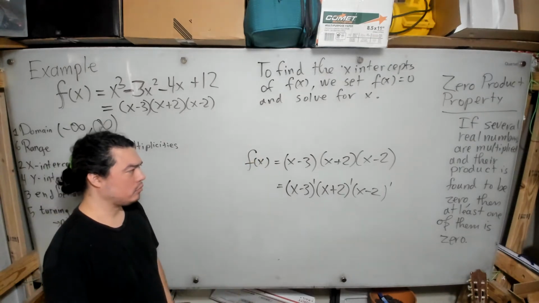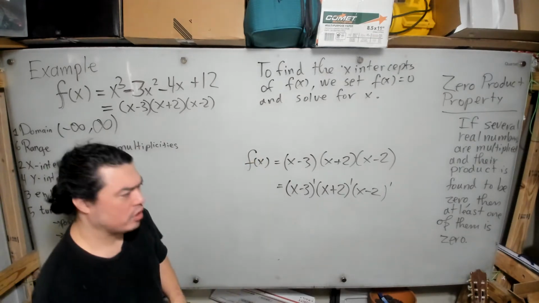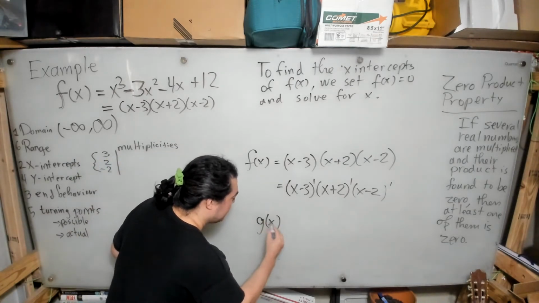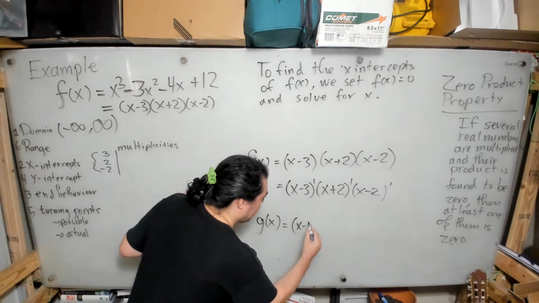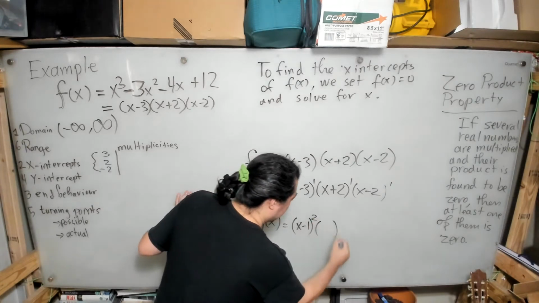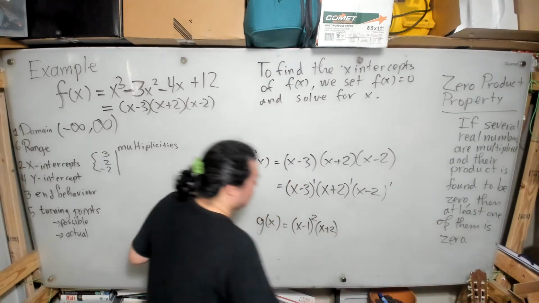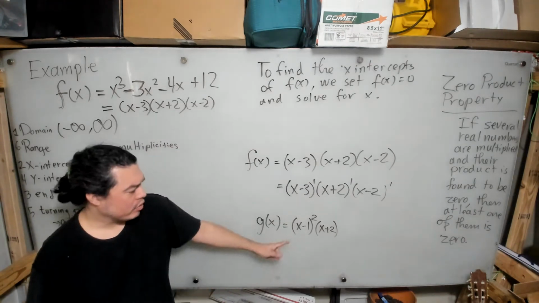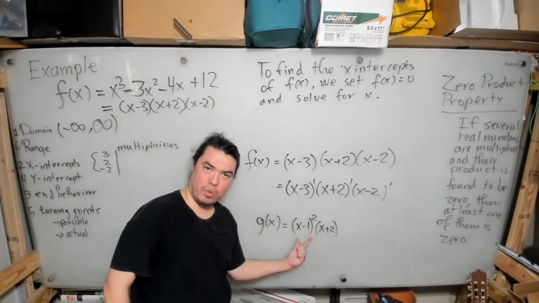Now, just for discussion's sake, if instead the factorization had been this, let's say x minus 1 squared times x plus 2 to the first, then the zero associated with this first factor, namely 1, how do I know that?